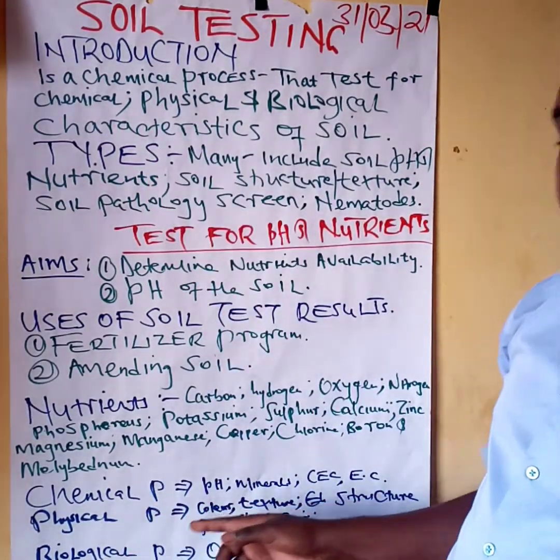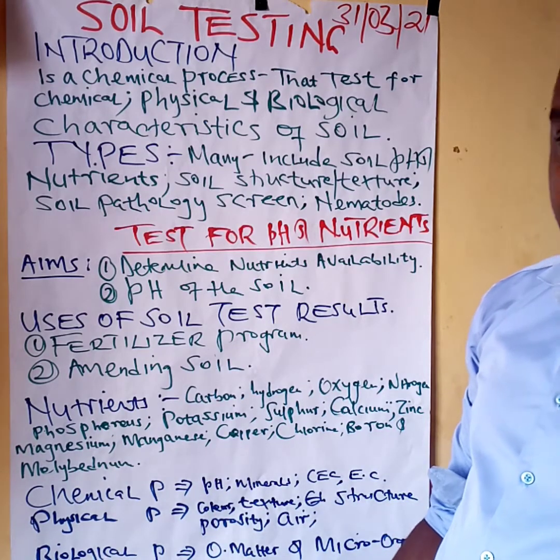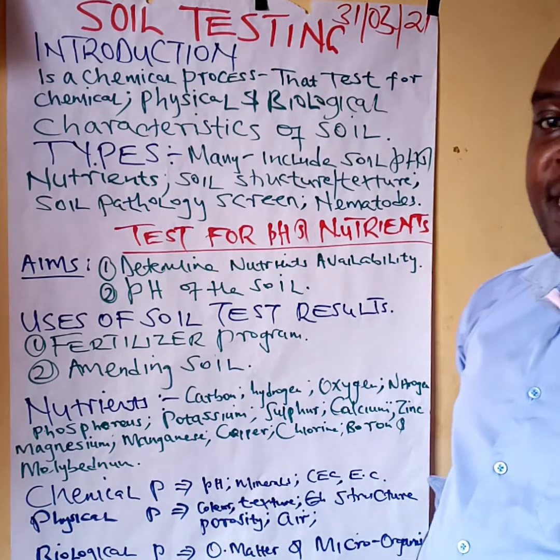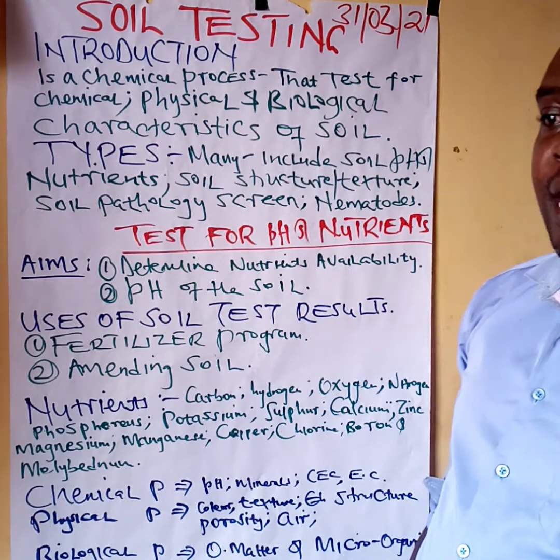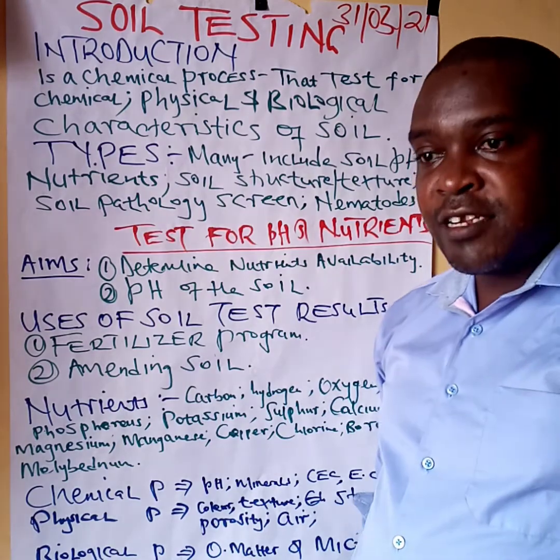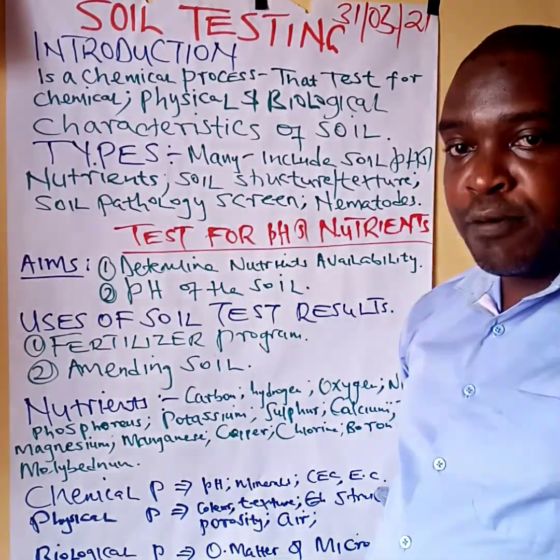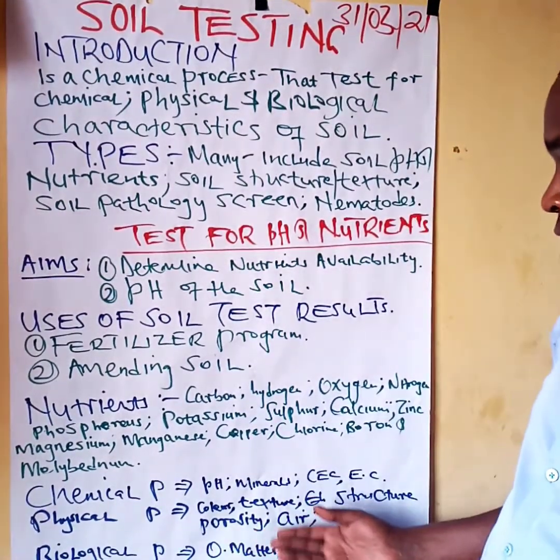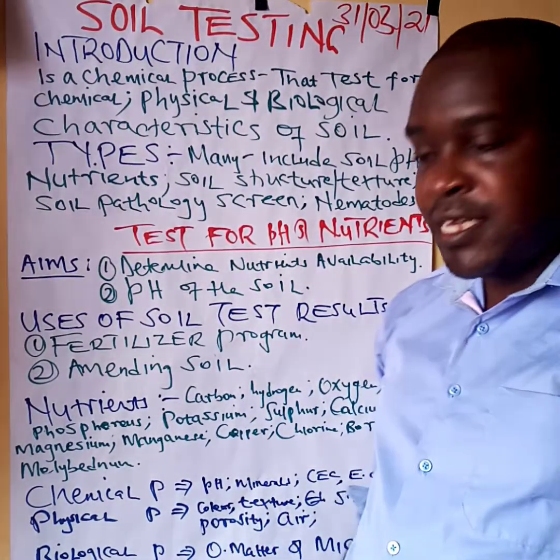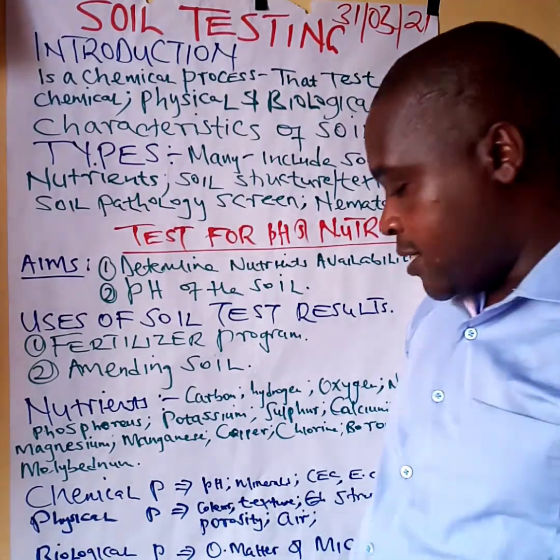From the chemical point of view, we talk about the pH, the nutrients in the soil, the CEC, or cation exchange capacity, and the EC, electrical conductivity. In terms of physical properties, we talk about the texture, structure, porosity, the air, and the temperature, what we call aeration.